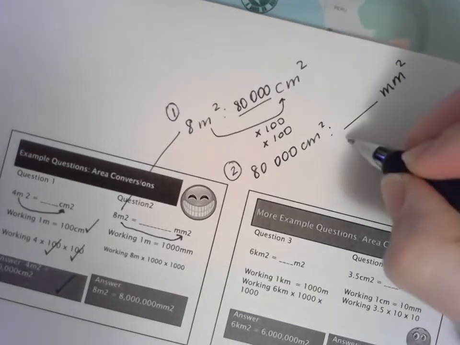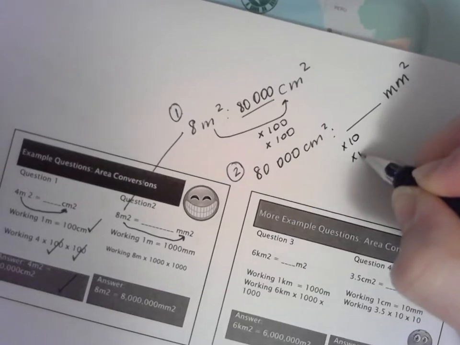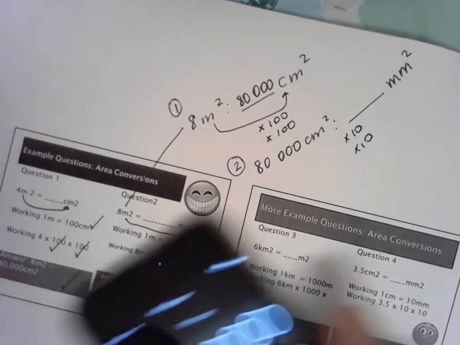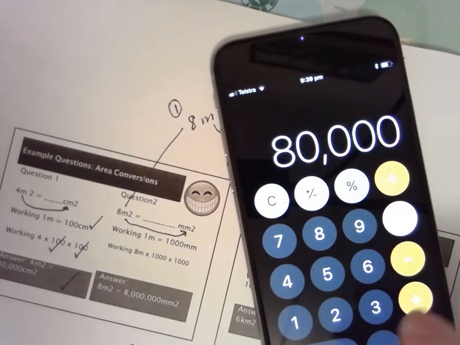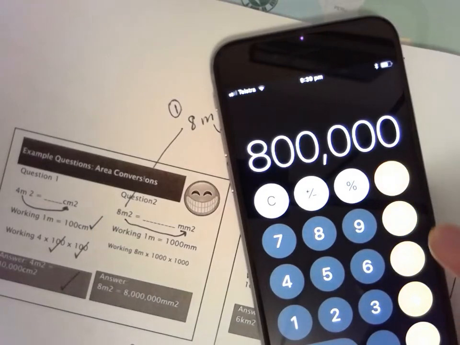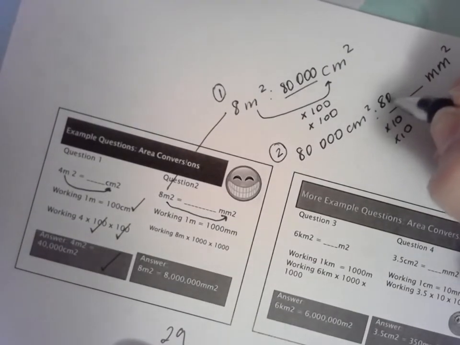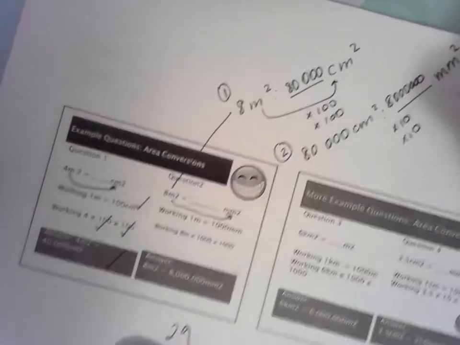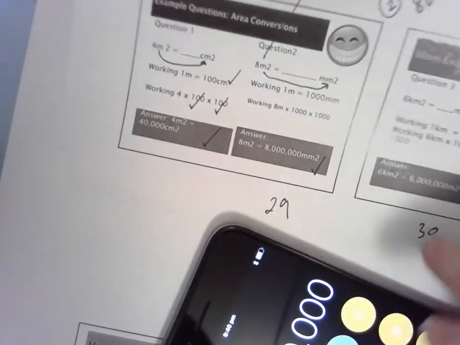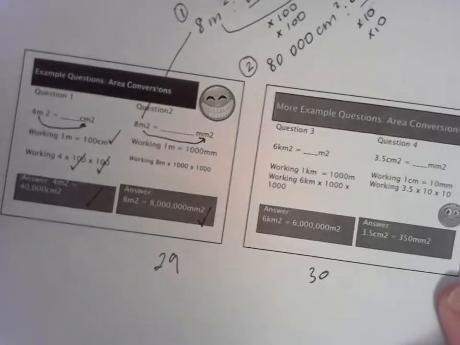So I'm going to times it by 10, not once, but twice. I have 80,000 sitting on there, times 10 times 10 equals 8 million. 1, 2, 3, 4, 5, 6, and that's my 8 million there.